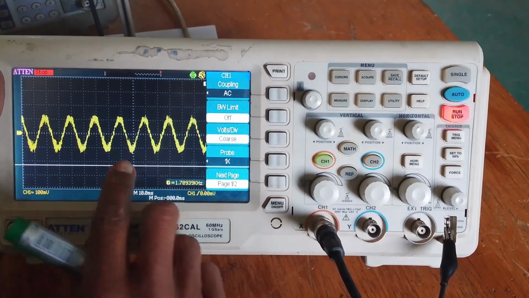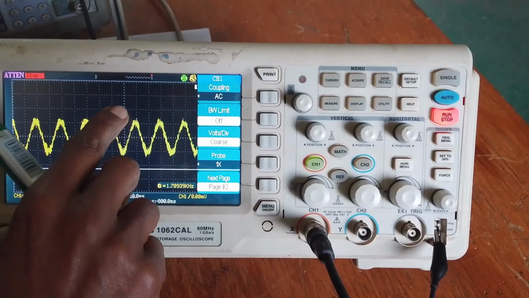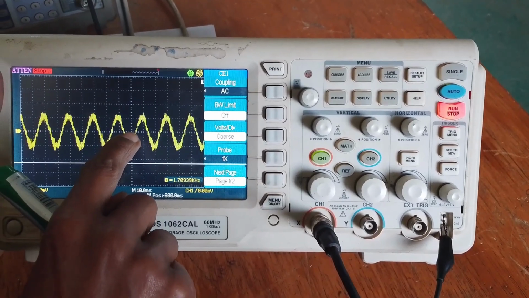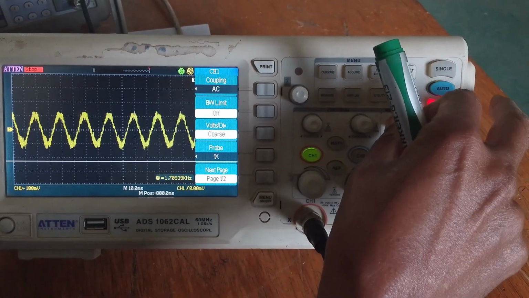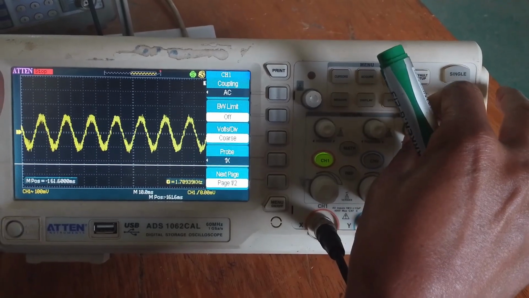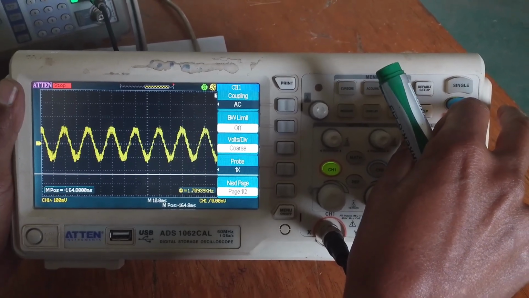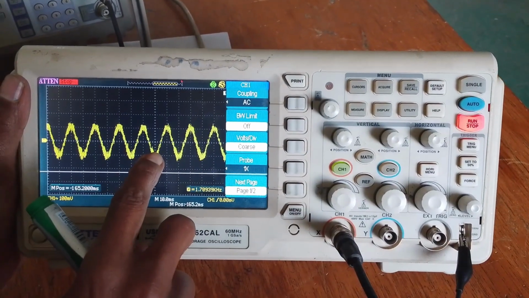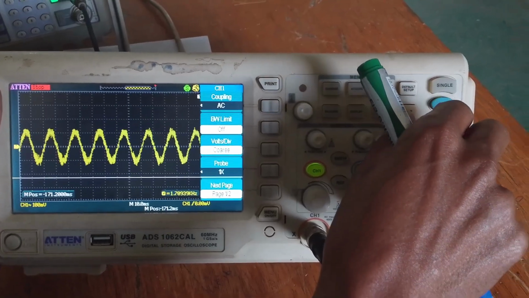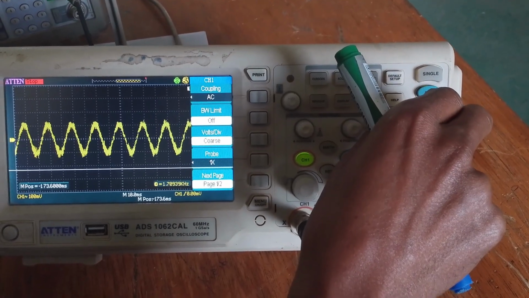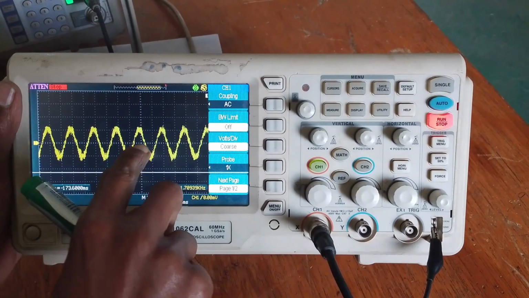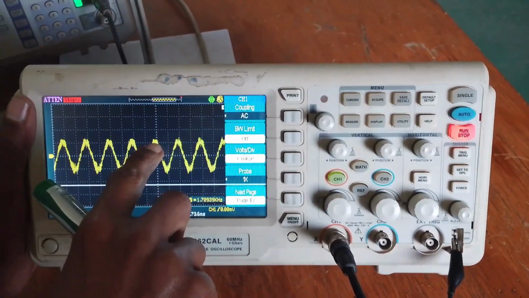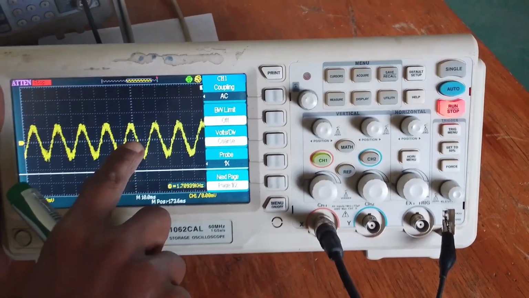So here we can calculate the maximum voltage from this one. Here is 0. From these 0 values you can get it by adjusting this one. Let me make this one. This signal can be calculated from 0 to 1 point something.